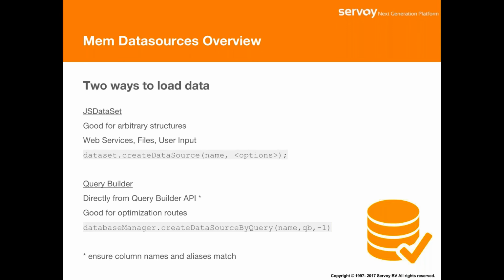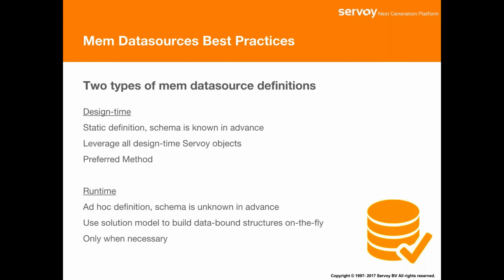The other way is through the query builder, which is really just shorthand for going through the data set, because once you have a query builder object, you can load that into a data set and create it to a data source, but you can also create it directly from the query, which is nice because you can load lots and lots of records without first putting in a data source. One thing to be sure of is that when you do either of these approaches, the column names on the data set or the aliases in the query need to match the target data source.